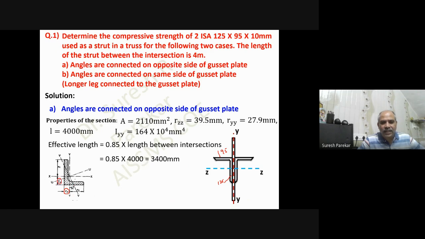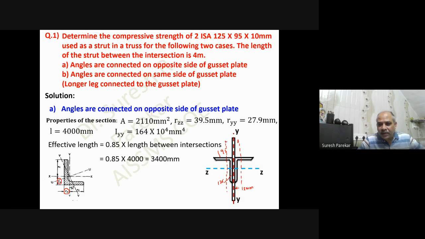This is from the thickness side, and we have to consider it when we solve this. So my individual YY will be here, and we have to shift it to the center. Now we have assumed the thickness of the gusset plate as 12 mm. Whatever angle section we have, its thickness should be greater than the thickness of the gusset plate.